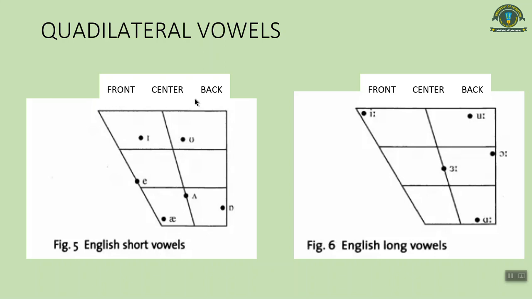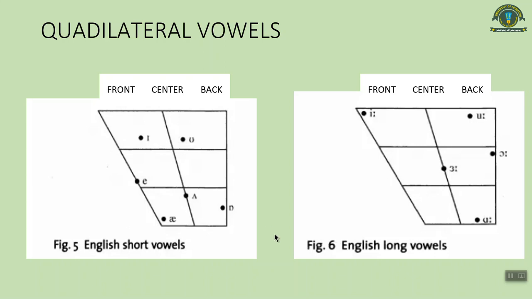This part where I have written front, center and back is for the tongue position, and this vertical part is for the mouth position. So at this point mouth is closed, at this last point mouth is totally open, and at this point this position is mid closed and this position is mid open.